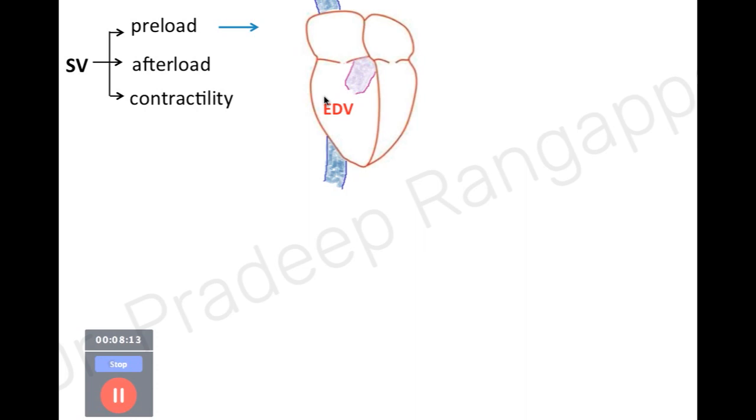The amount of blood that gets accommodated in the right ventricle is determined by the right atrial pressure, which is again determined by the venous return into the right atrium. So preload is a representative of the venous return, which has an effect on the end diastolic volume.